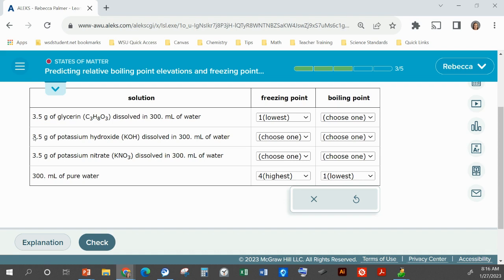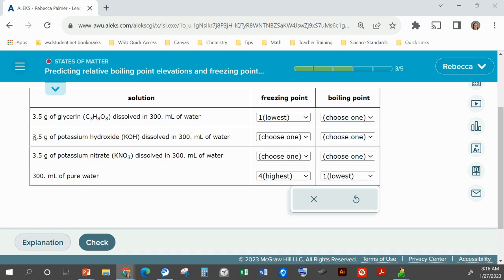So this is the number of moles of particles divided by the kilograms of solution. Okay, let's do this first. We have 300 milliliters of water.